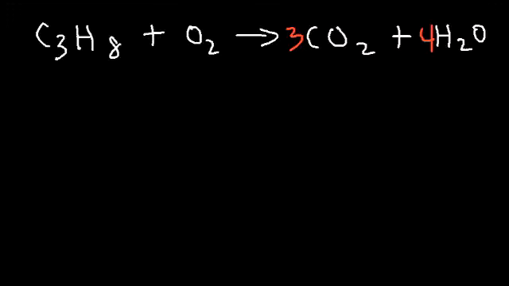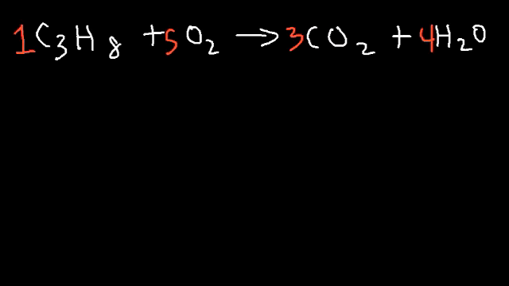Now let's add up the number of oxygen atoms that we have on the right side. 3 times 2 is 6. 4 times 1 is 4. 6 plus 4 is 10. And 10 divided by 2 is 5. So we need a 5 in front of O2. And now this reaction is balanced.